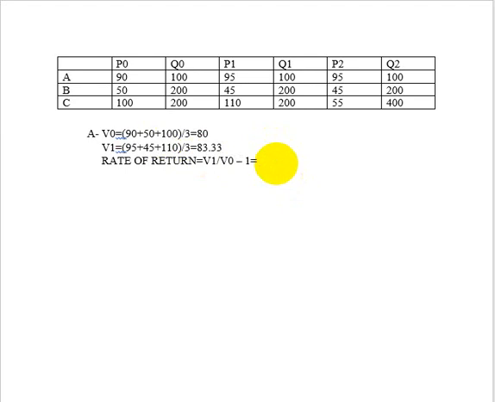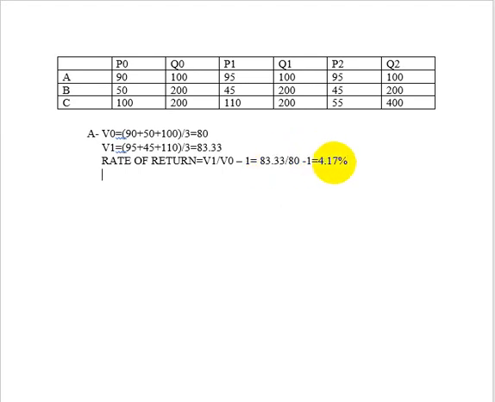So it's equal to 83.33 over 80 minus 1. It's 4.17%. Math-wise, the priority is for the division.